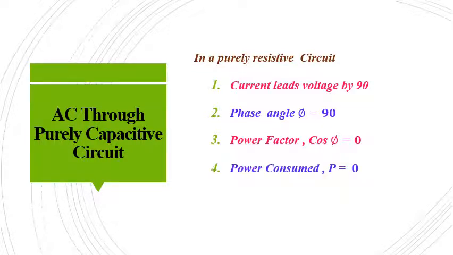And also the power consumed is 0. Regarding power factor, we will see it in detail in the coming lecture, its significance and so on. For the time being, you should know that power factor is the cosine of the angle between voltage and current.